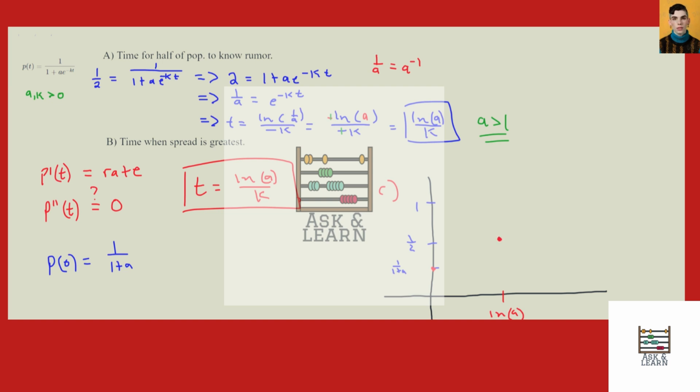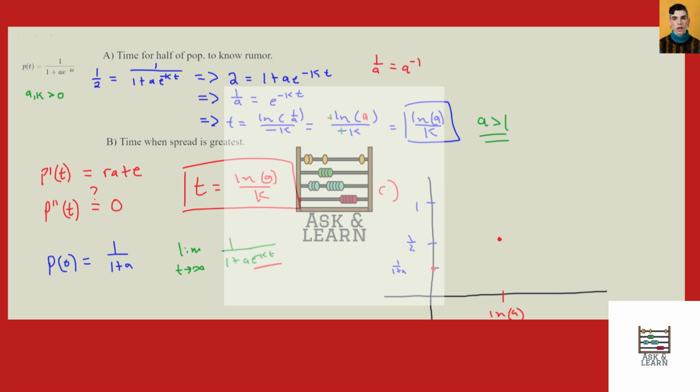And now we need to figure out what the end behavior of this thing is. And if we were to go ahead and take the limit as t approaches infinity of 1 over 1 plus a e to the negative kt, the only thing that has a t is this part here, and we know that e to the negative kt as t approaches infinity goes to 0.